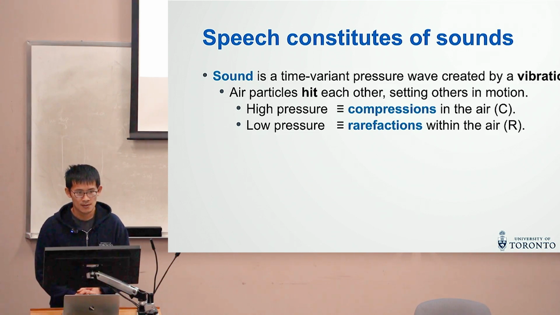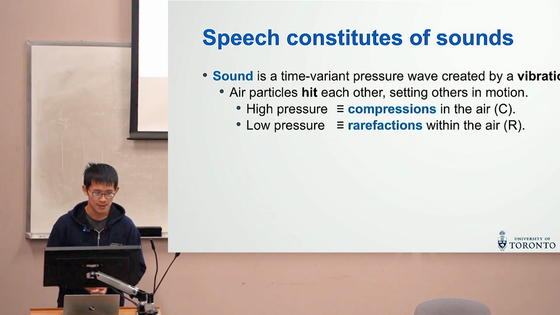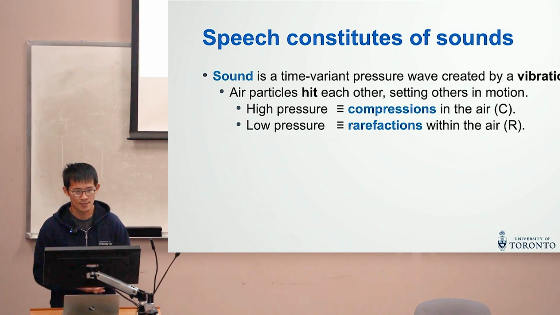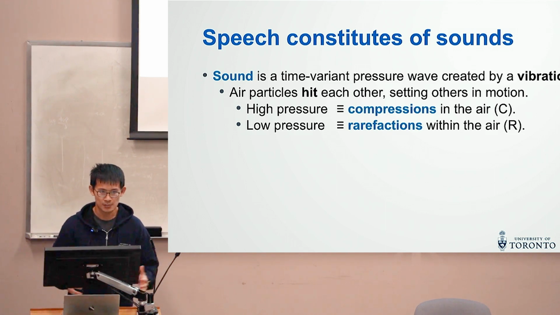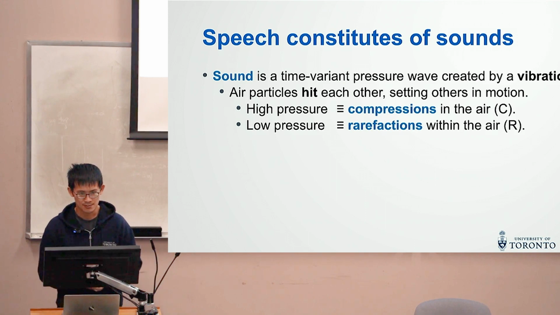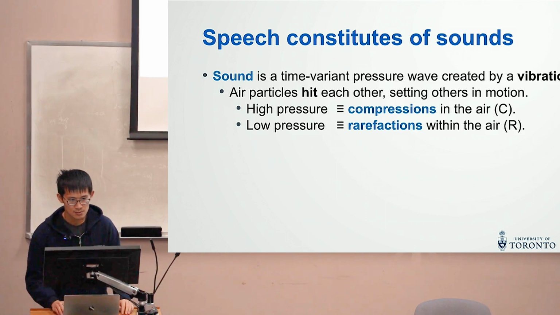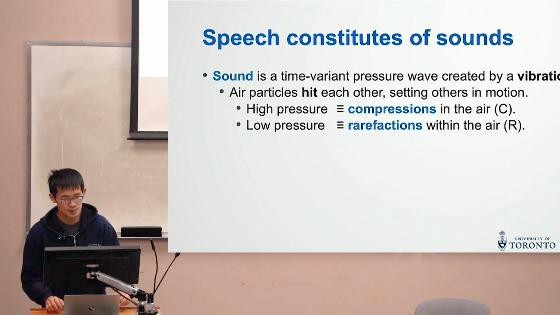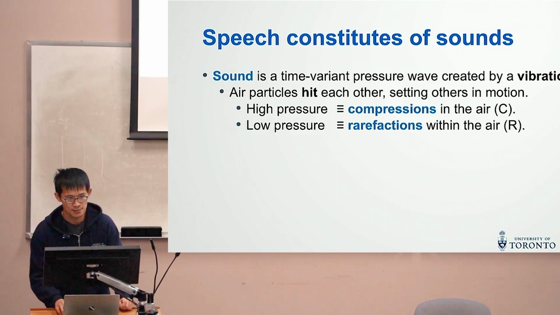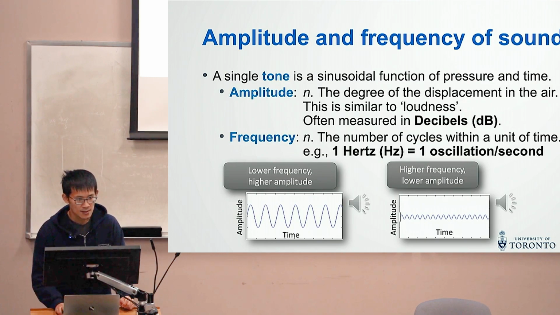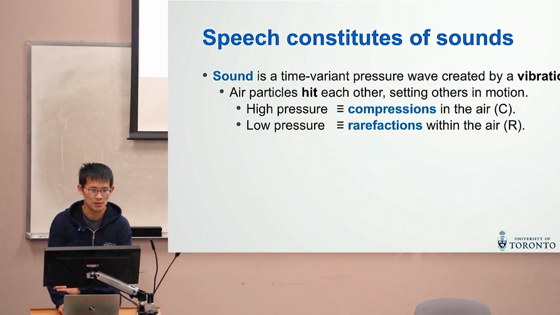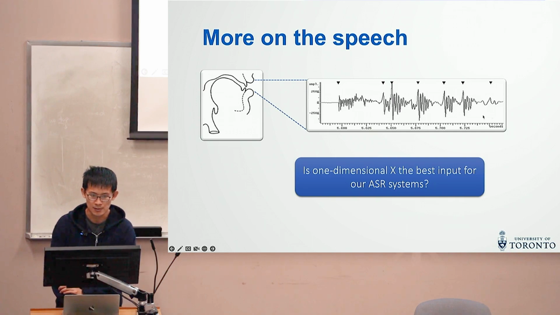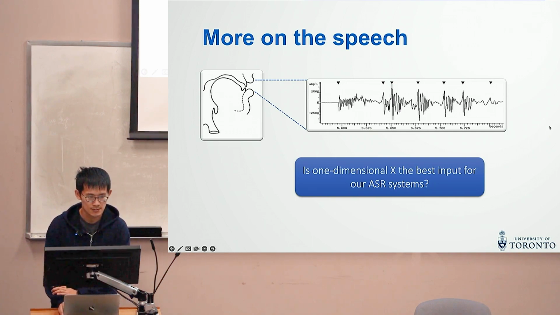In the microscopic world, you can say that the air particles hit each other and set each other in motion. And in the macroscopic world, we use pressure to describe it. So sometimes there are compressions in the air, there are rarefactions in the air. And these compressions and rarefactions constitute the vibrations that you can see from the plot.